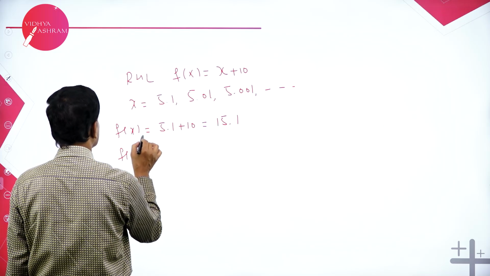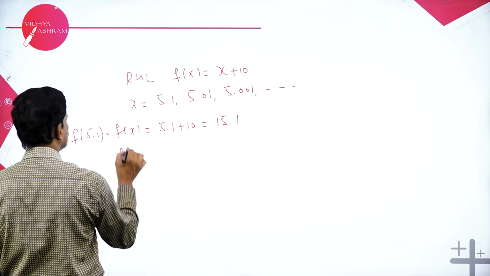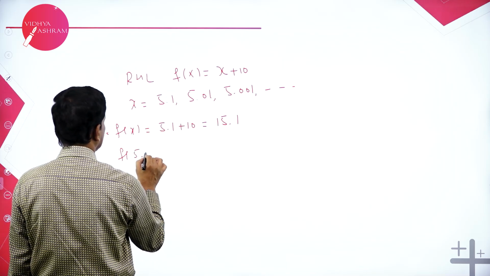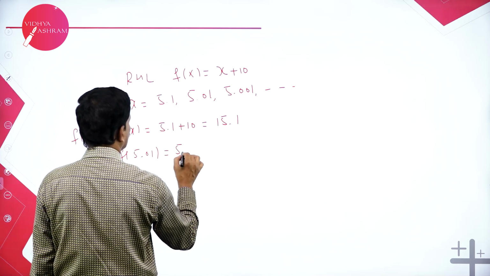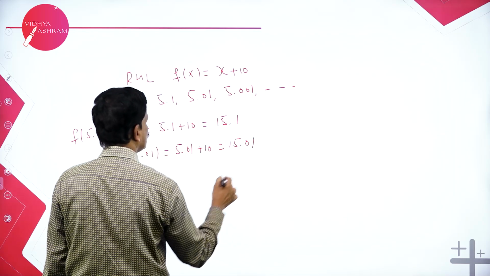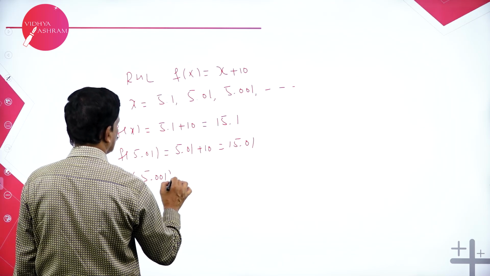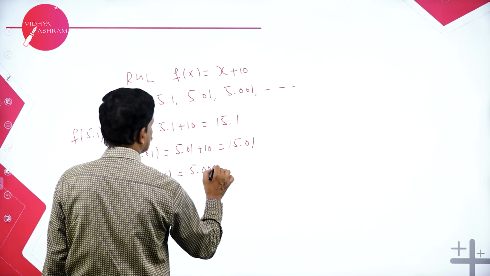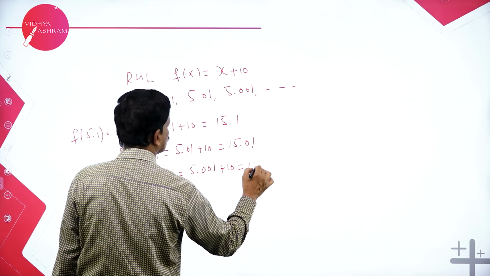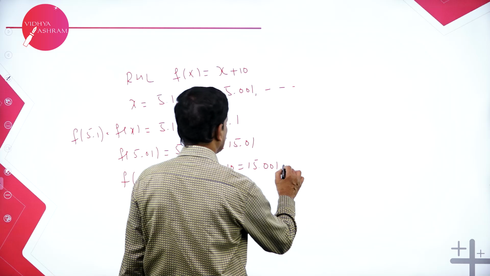Similarly, at 5.01, 5.01 plus 10 is equal to 15.01. So f of 5.001 is equal to 5.001 plus 10, that's equal to 15.001. Okay, and so on.